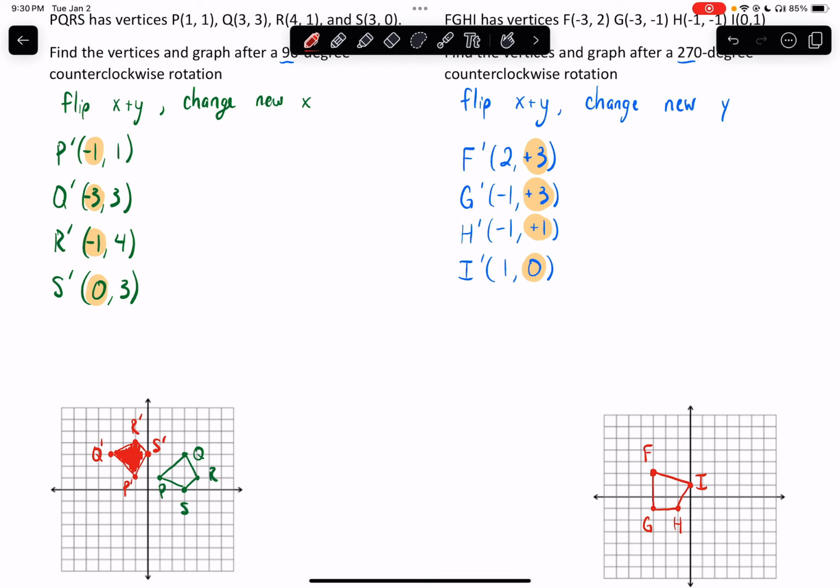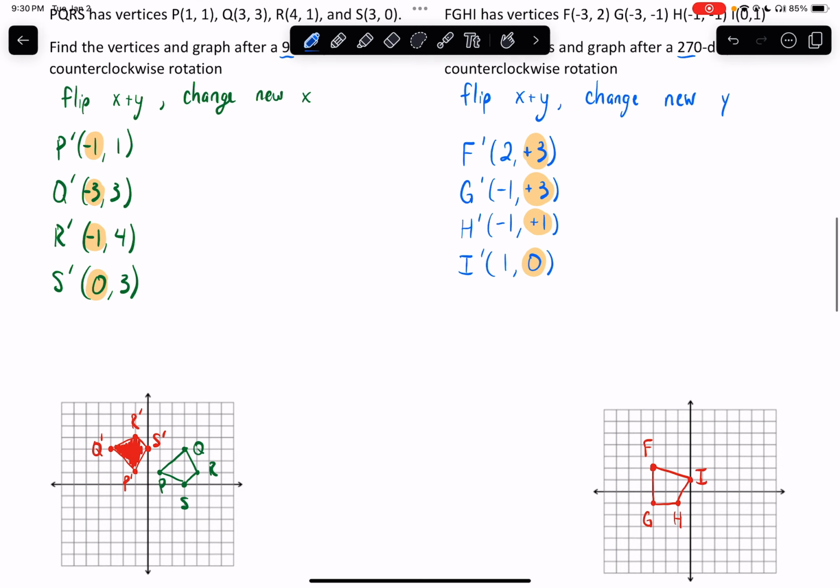And then now my FGHI prime is going to be 2, 1, 2, 3, negative 1, 1, 2, 3, negative 1, positive 1, and then 1, 0.